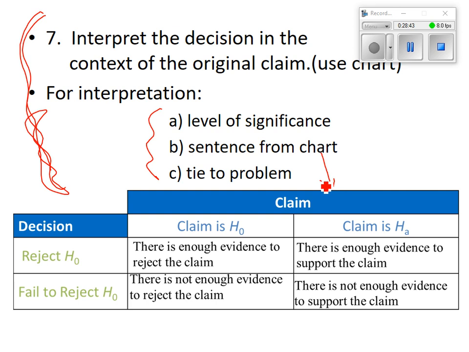And then the third part is going to tie it to the problem. So we're going to say something like, with a 5% level of significance, there is enough evidence to reject the claim that Jackie has seen Ebersole pick his nose during class.